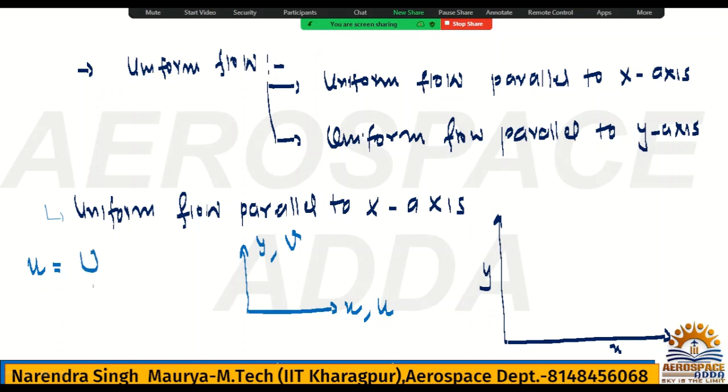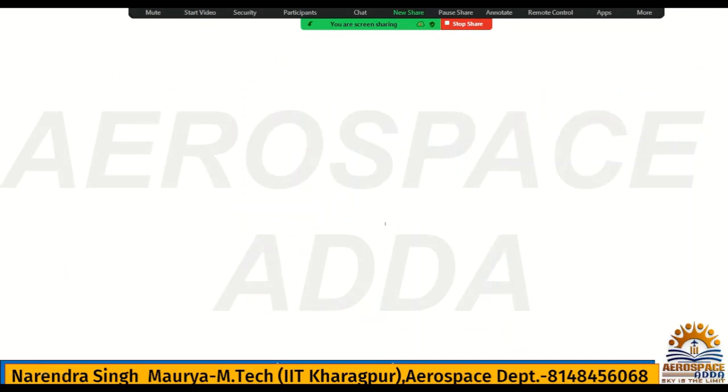Okay, it means there is the velocity in x direction, but what will be the other component v in y direction? It will be 0. Why is it 0? Because the flow is parallel to x axis. So I will write here, so it will be more clear. What is u?